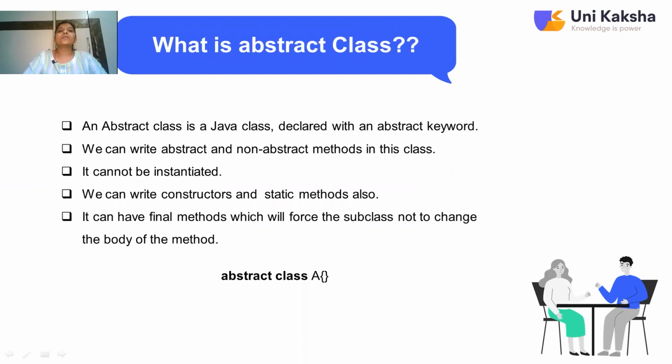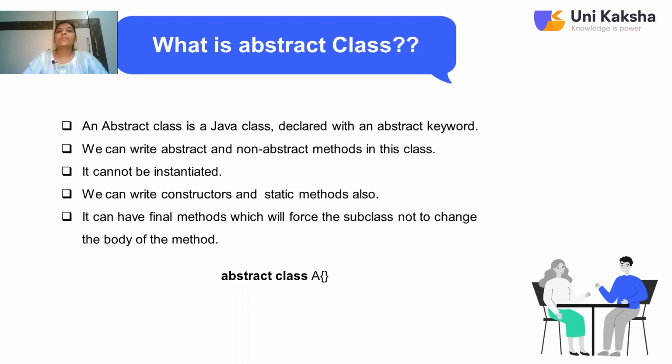Now let's understand what the rules are, or what things you have to remember while writing abstract classes. The very first thing is that an abstract class is a Java class which is declared with the abstract keyword. Second, when we write an abstract class, it can hold abstract as well as non-abstract, that is regular, methods.